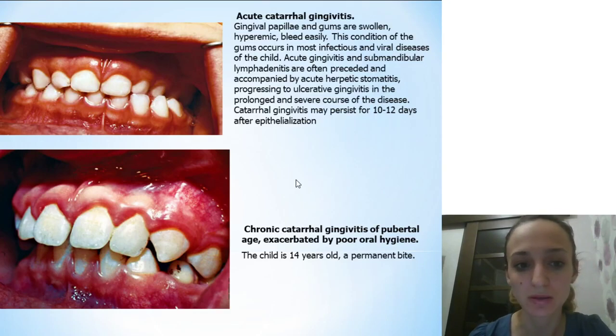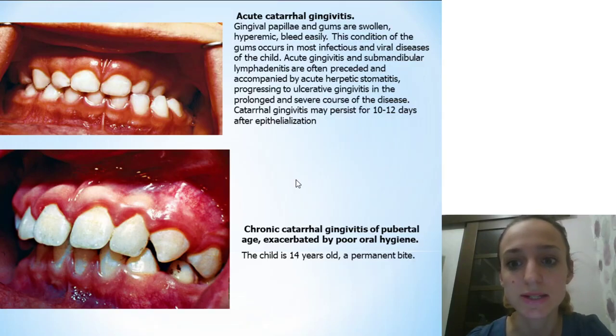Some dental cases. The first case is acute catarrhal gingivitis, and here you can see that the gingival papillae and gums are swollen, hyperemic, and bleed easily. This condition of the gums occurs in most infectious and viral diseases of the child.